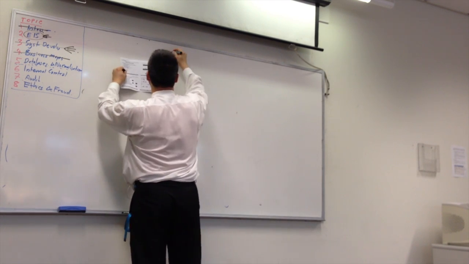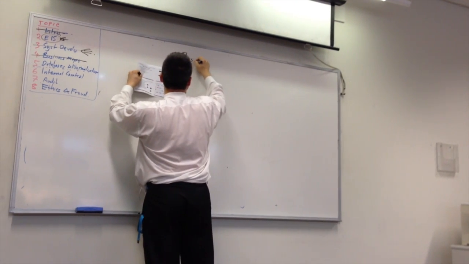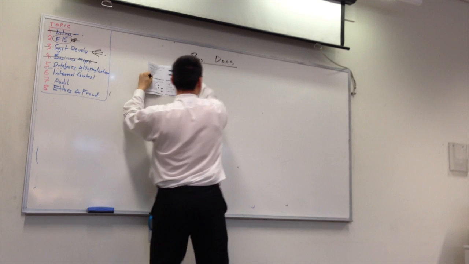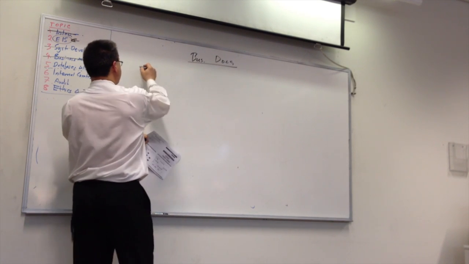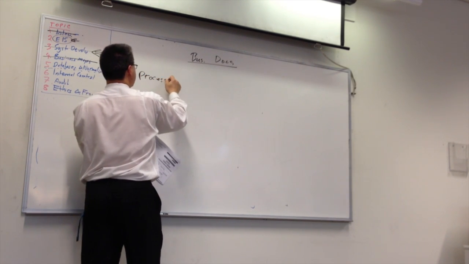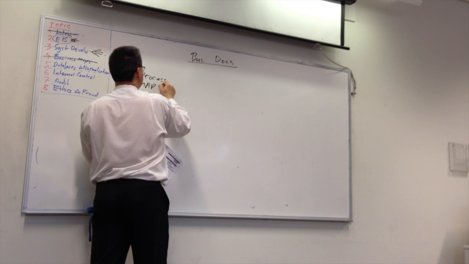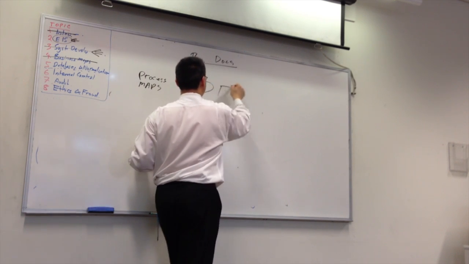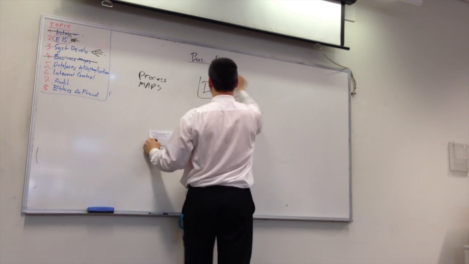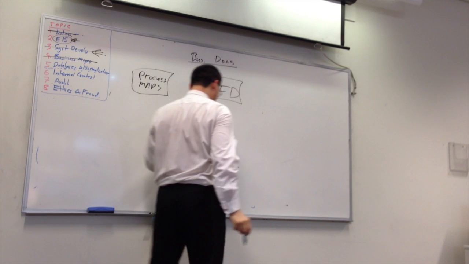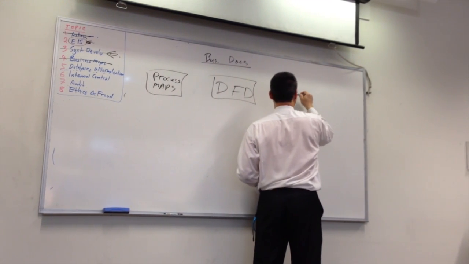Business documentation. All right, business docs. There are process maps. There are these things called data flow diagrams. There are these things called system flow charts.